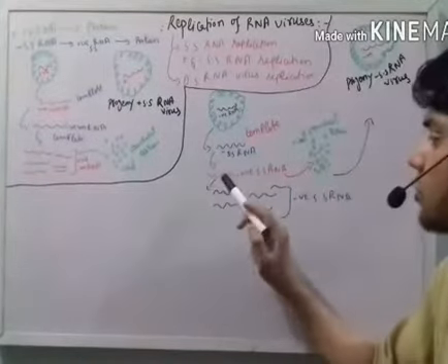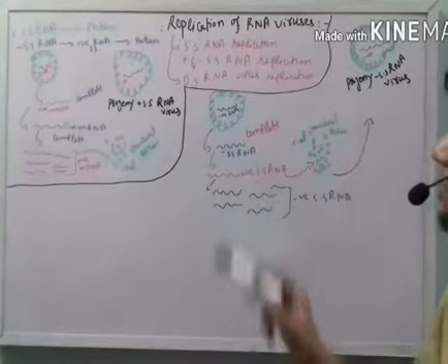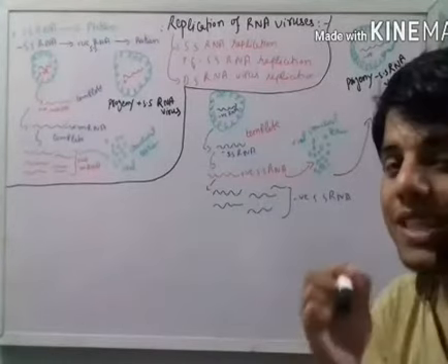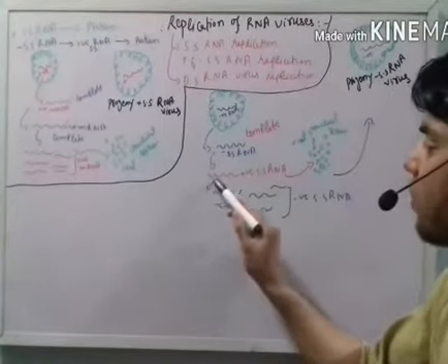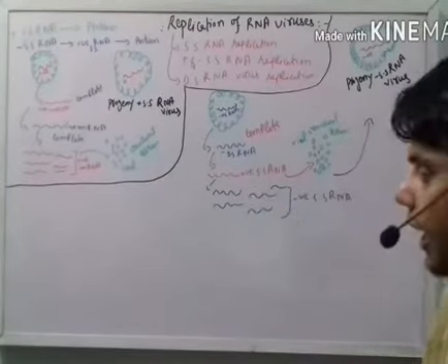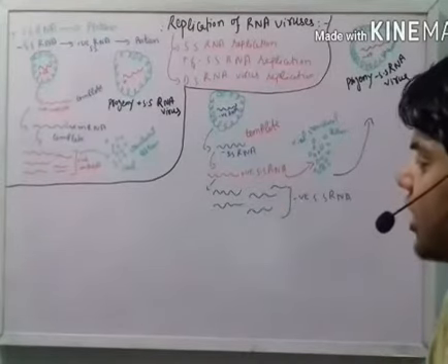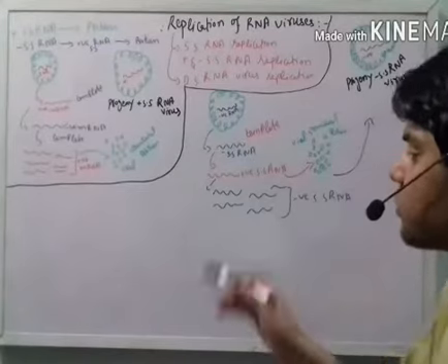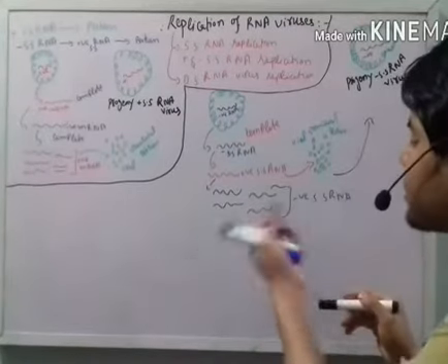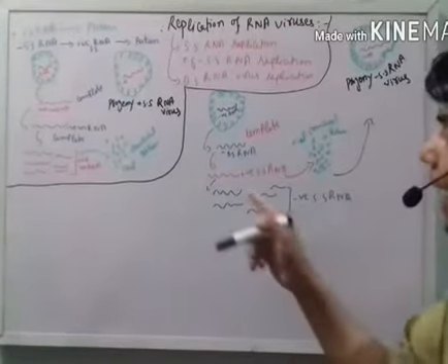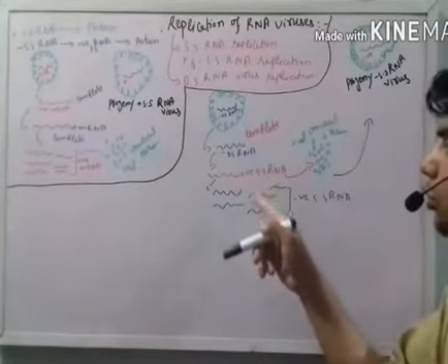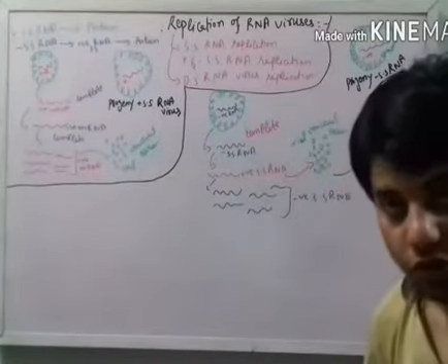This is used as a template to produce positive single-stranded RNA. Now this positive single-stranded RNA is used as a template to produce more and more negative single-stranded RNA, and also to produce viral protein structure.